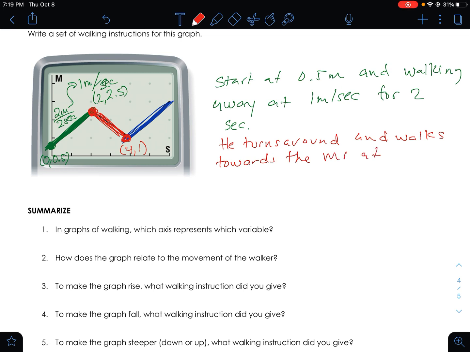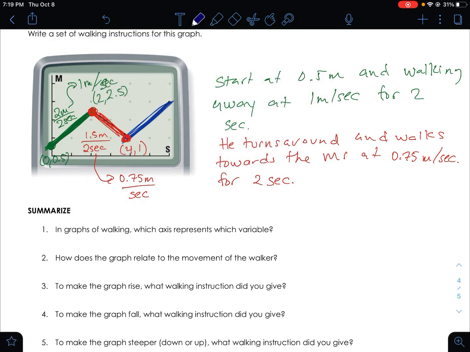So he travels from 2.5 meters away to 1 meter away, so that's 1.5 meters, and that took him a total of 2 seconds. If you simplify that, 1.5 divided by 2, you get 0.75 meters per second. So he walks towards the motion sensor at 0.75 meters per second. For how long? For a total of 2 seconds.